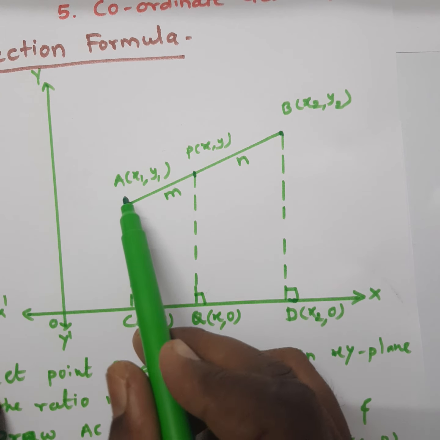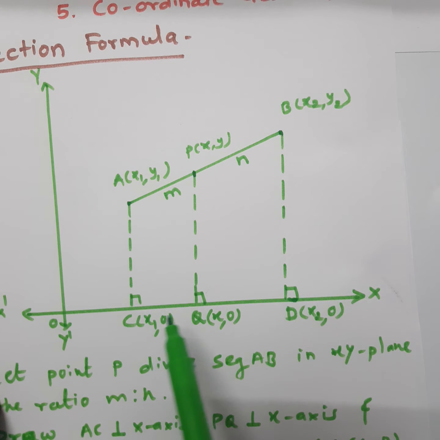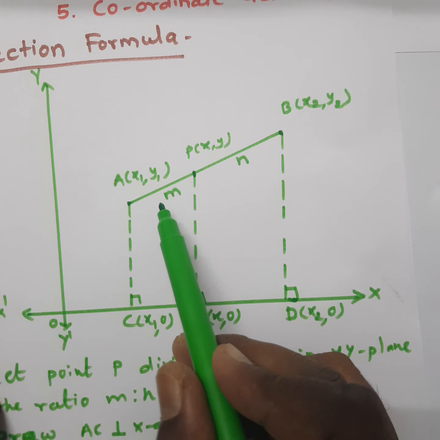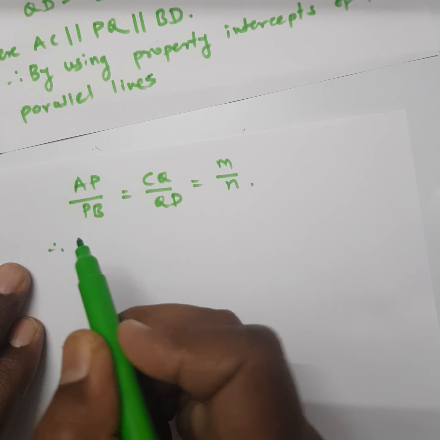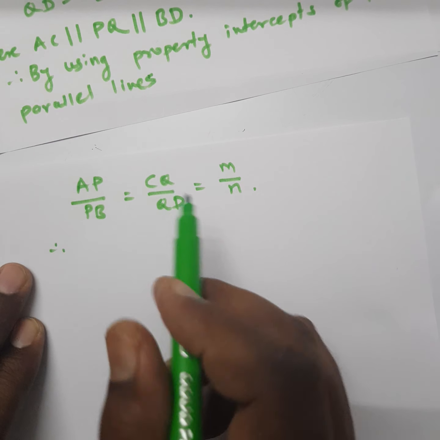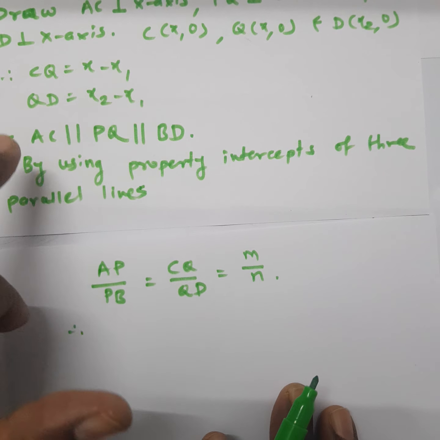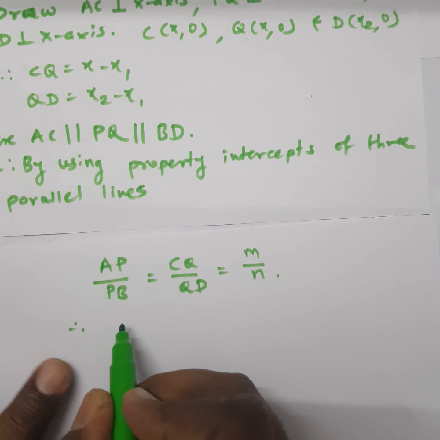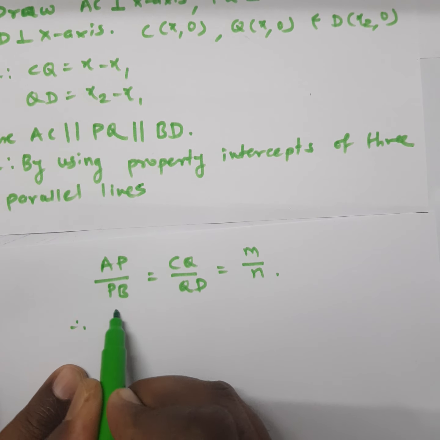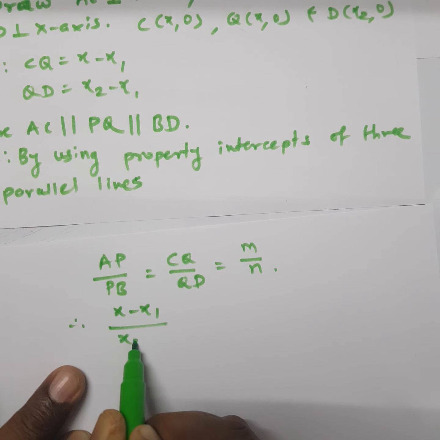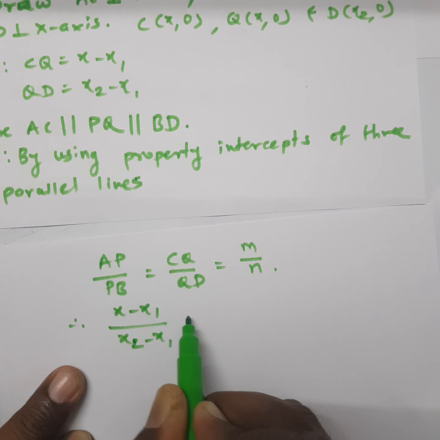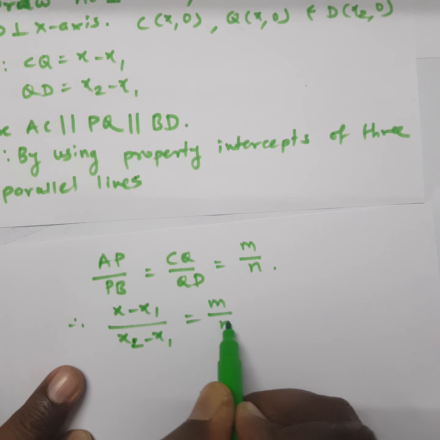Therefore, we write AP upon PB is equal to CQ upon QD is equal to m upon n. Now we have found the distances CQ and QD here. Therefore, distance CQ is x minus x1 and QD is x2 minus x, and their ratio is equal to m upon n.